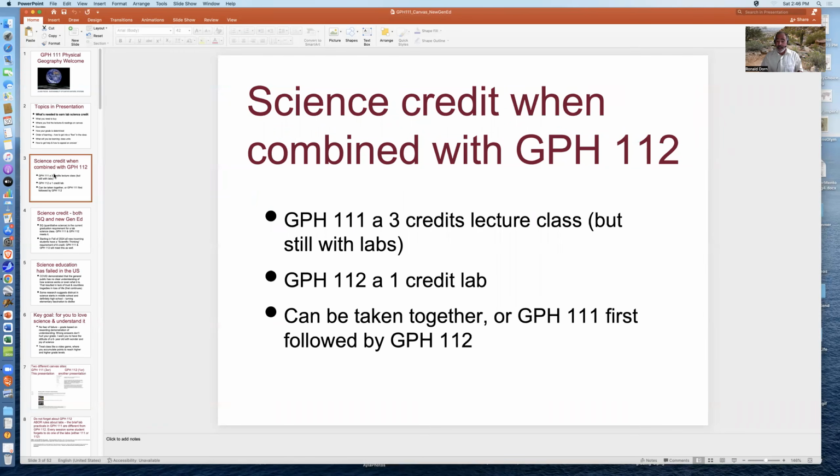Science credit is obtained when this class, GPH 111, a 3-credit lecture class, is taken along with GPH 112, which is a 1-credit lab class. You can take them together, or you can take GPH 111 first and then GPH 112 later.